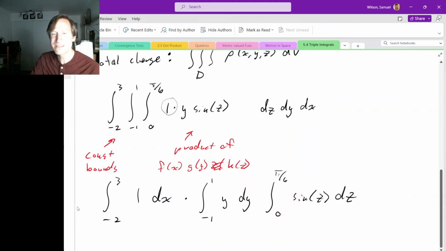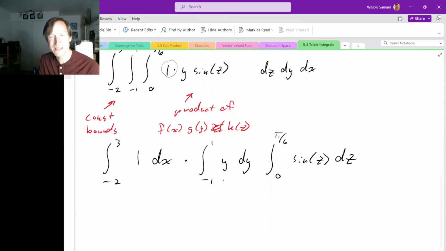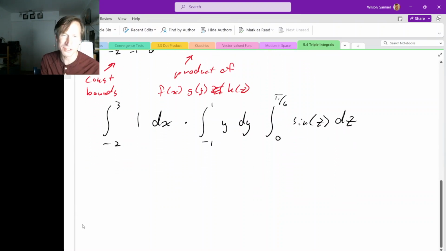Okay, splitting things up in this way is especially nice in triple integrals because the more integrals you have stacked on top of each other, the more you would prefer to do them simultaneously instead of one after the other. So now that we have 3 integrals stacked on top of each other, doing them simultaneously is much, much better than doing them one at a time.